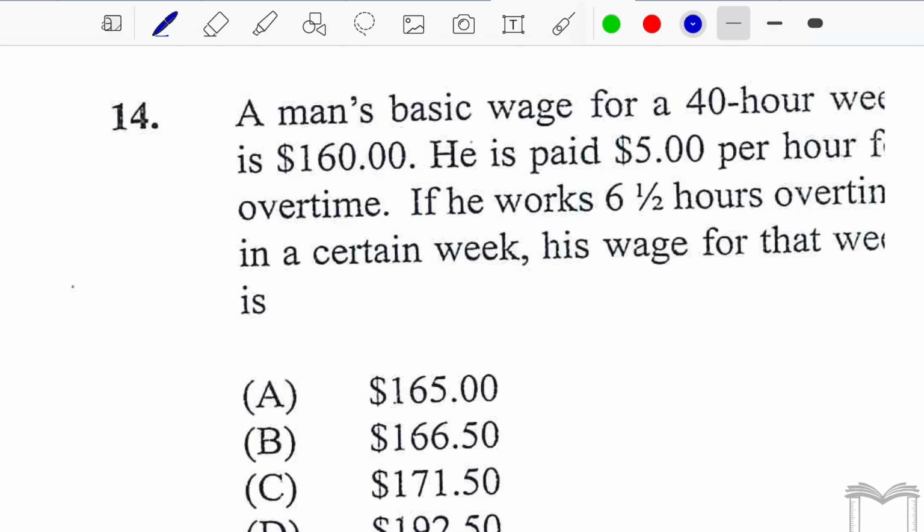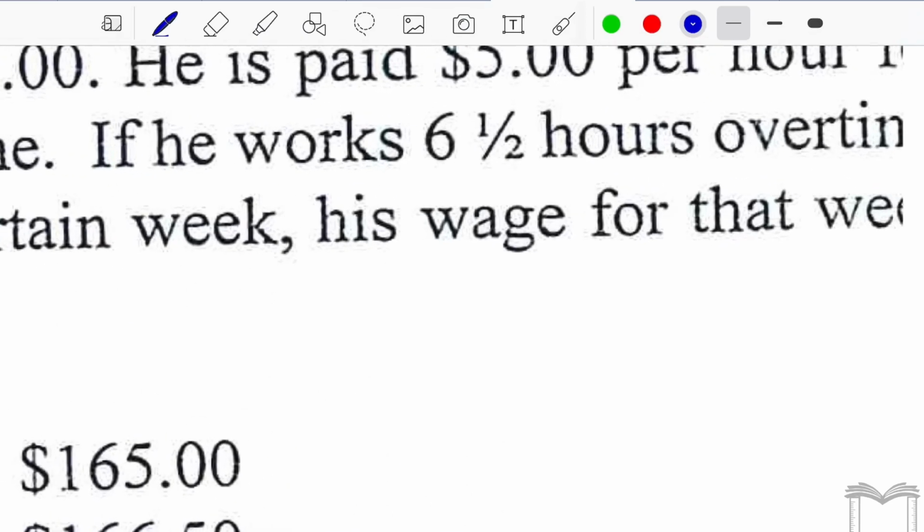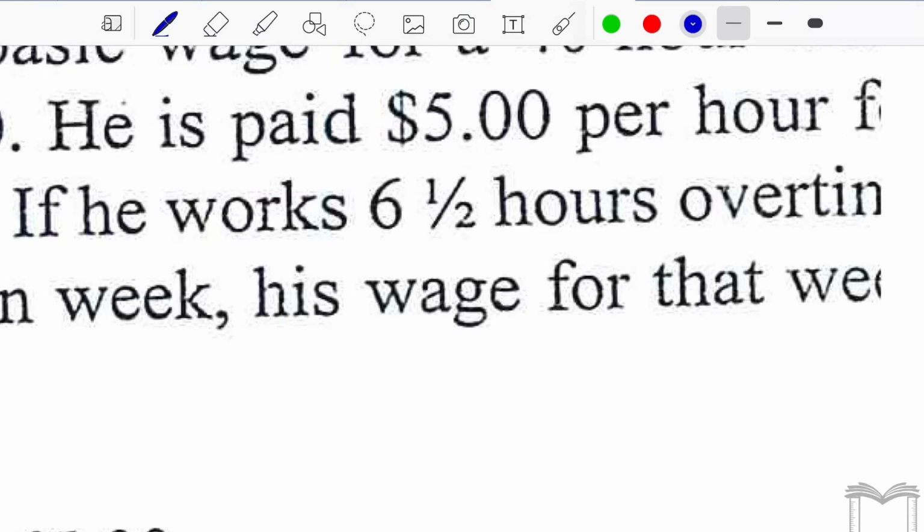So he is both working basic hours and overtime hours, and there's a different rate for overtime as expected. So he's working 6.5 hours at $5 for the overtime hours. So we simply multiply the amount of hours by his hourly rate, which is 6.5 hours multiplied by 5.